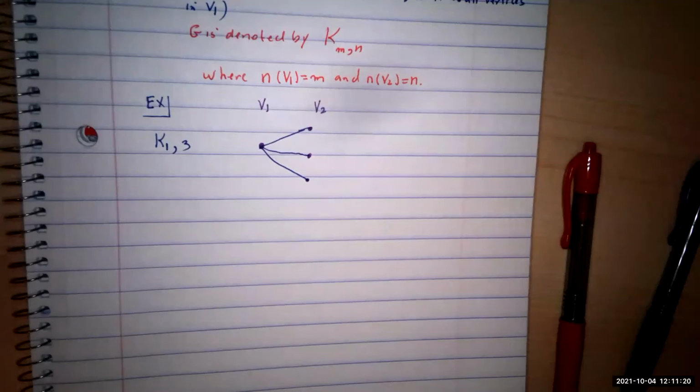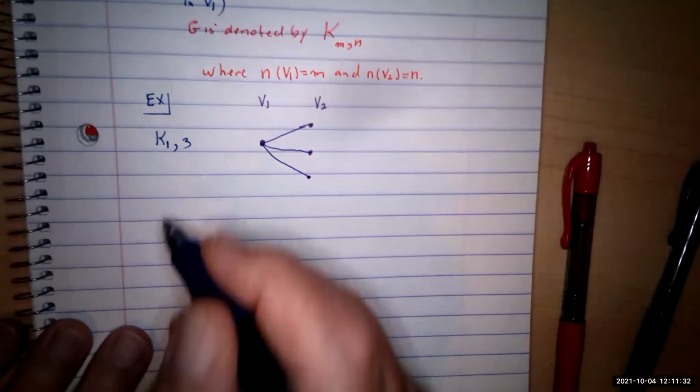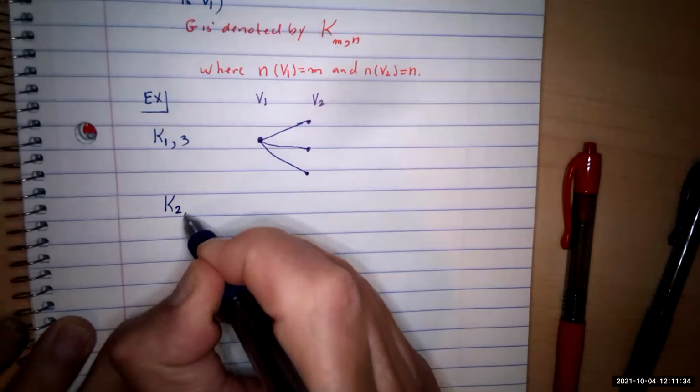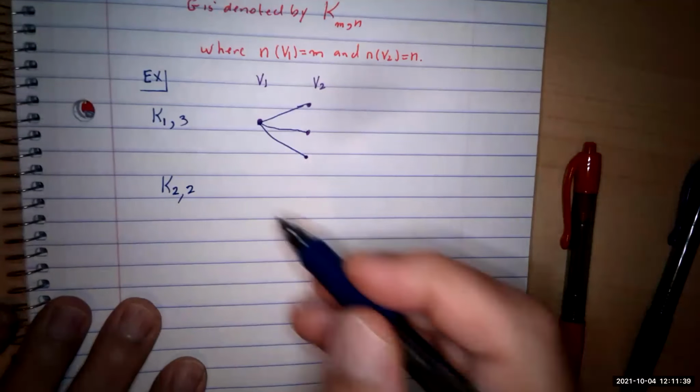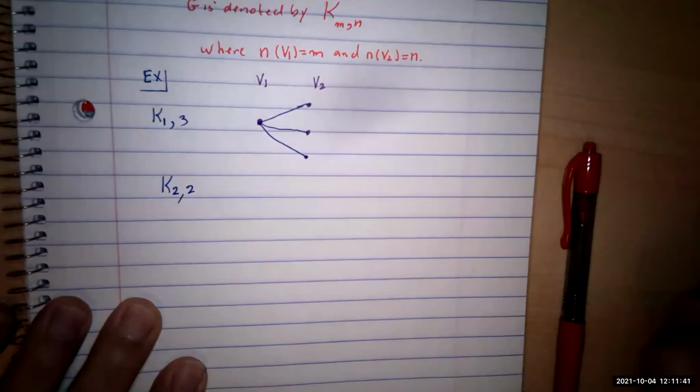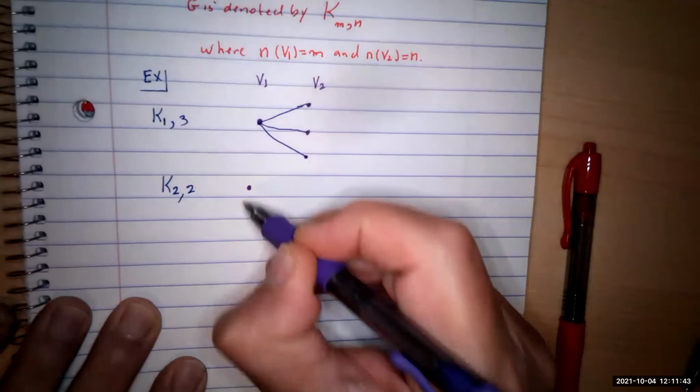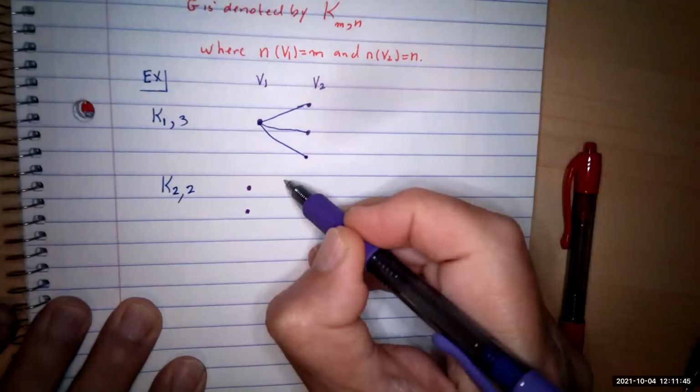What's the coloring number for this one? 2. Very good. For a bipartite graph, the coloring number is 2 all the time. Okay, that's it. K2,2 is one of them that is important. K2,2, this is it. 2 vertices here, and 2 here.